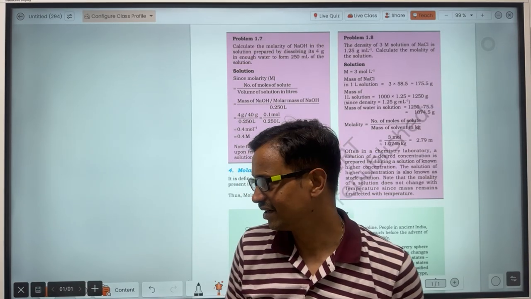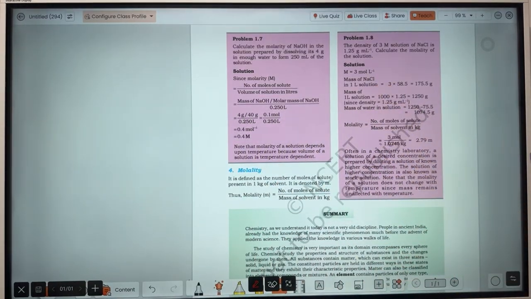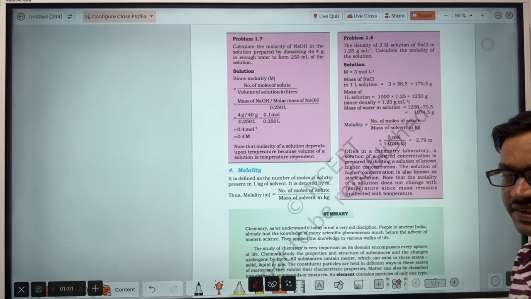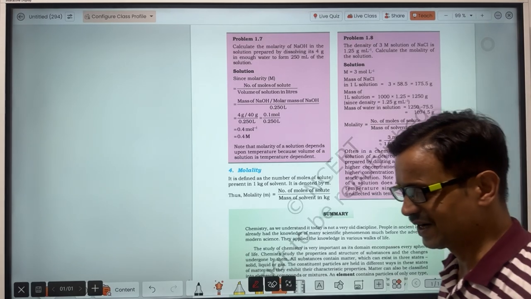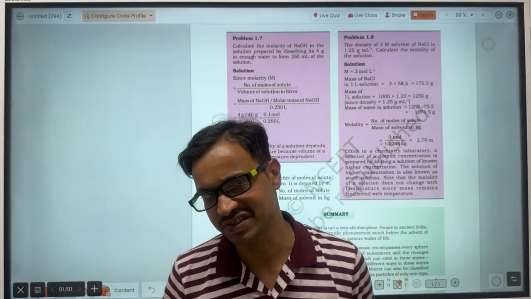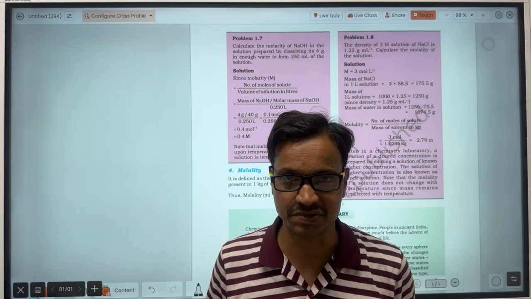Here 4 gram NaOH is given. The solute is NaOH and the solvent is water. You have to find the number of moles of solute, that is, how many moles of NaOH have been dissolved in 250 milliliter of the solution.